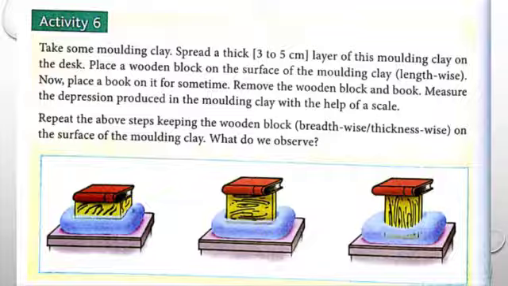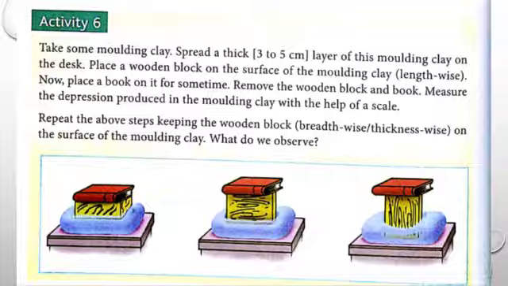Then we repeat these steps keeping the wooden block breadthwise, thickness wise on the surface of the molding clay. Then we again repeat this activity by keeping the wooden block height wise, and measure the depression.